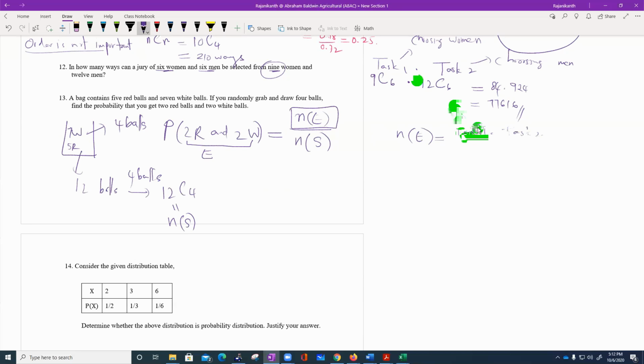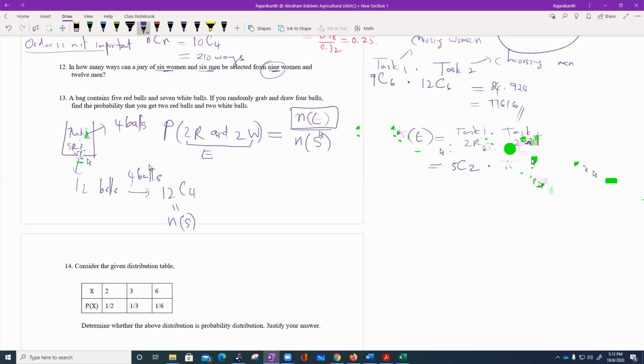Choosing 2 reds. Task 2 is choosing 2 whites. Now ask yourself, how many ways could you choose 2 reds? Remember, there are 5 reds in total. So therefore, you could choose 5 C2 ways, right? In a similar way, how many ways do you have to choose 2 whites from 7 whites? Therefore, that is 7 choose 2 ways. I am not considering order here. That is why I am using combination formulas all the time.